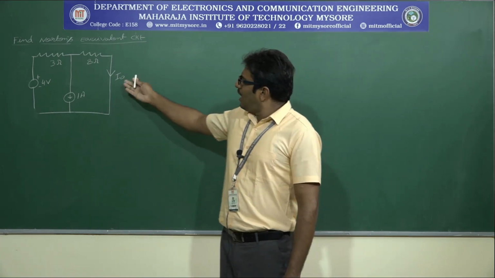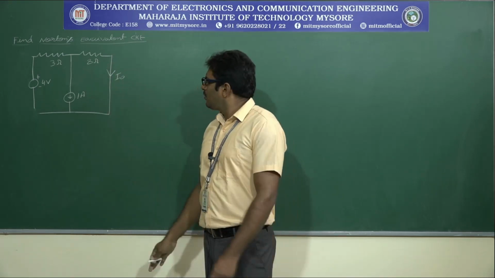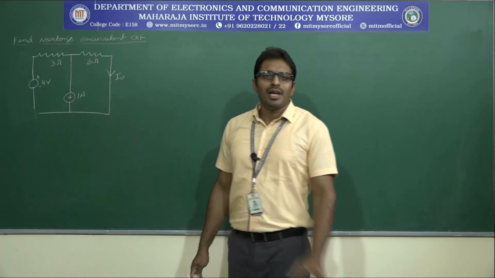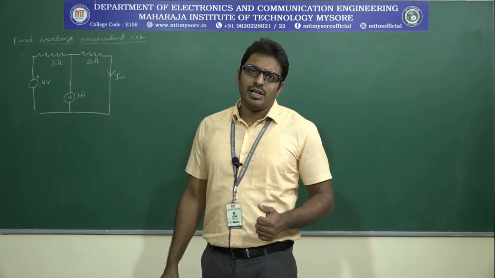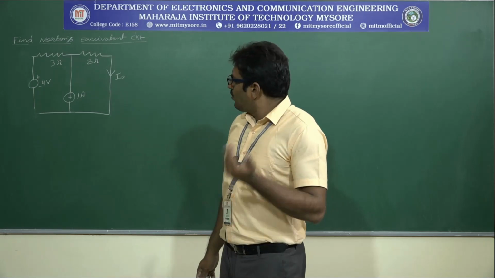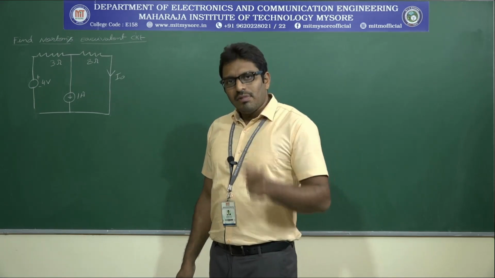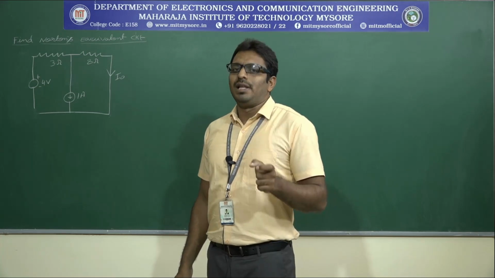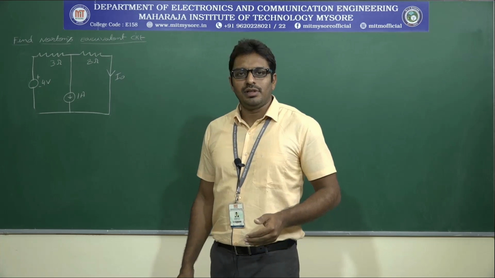I naught is nothing but the current through the 8 ohm resistor. In order to find I naught, you can apply any method. We can go with Kirchhoff voltage law or Kirchhoff current law. Just always think which method is simple in order to find out that current through the short circuit terminal.